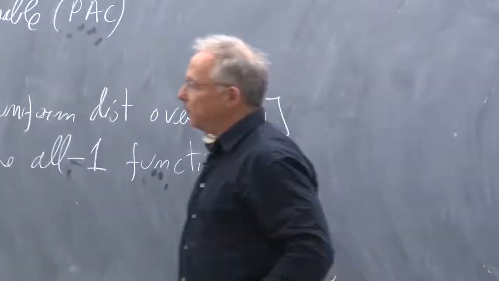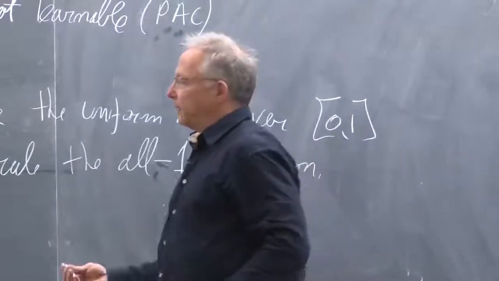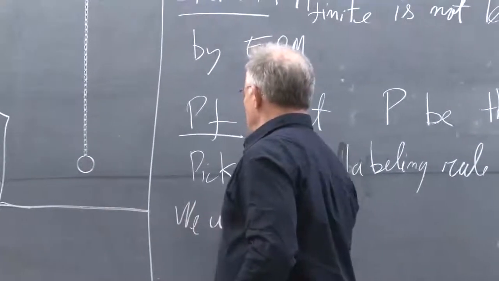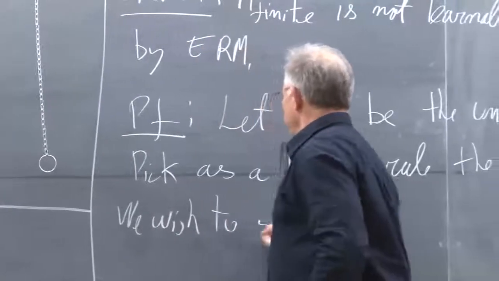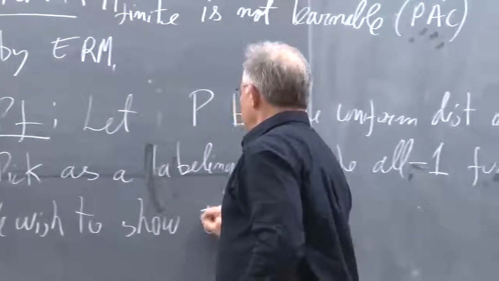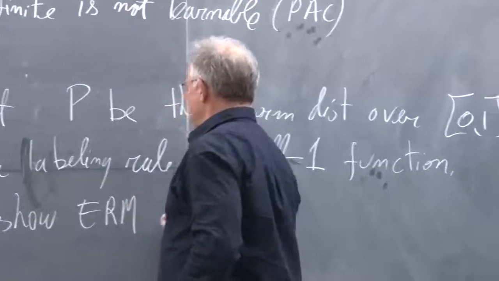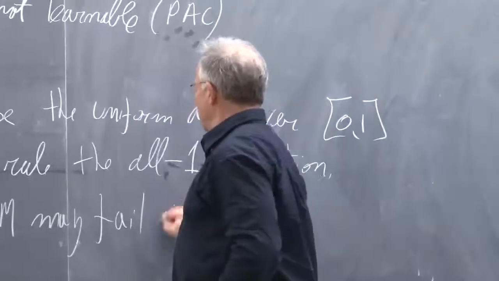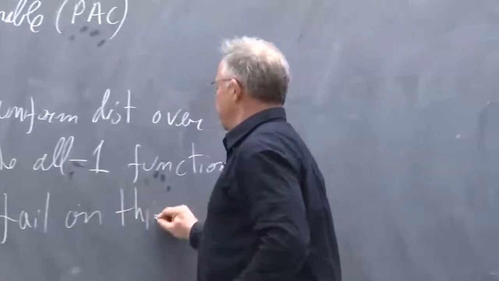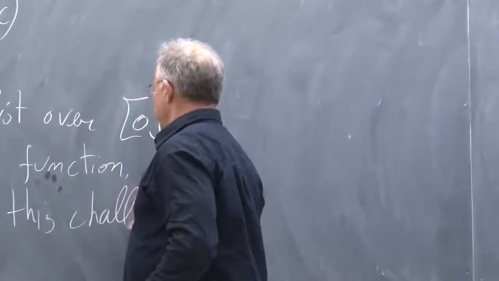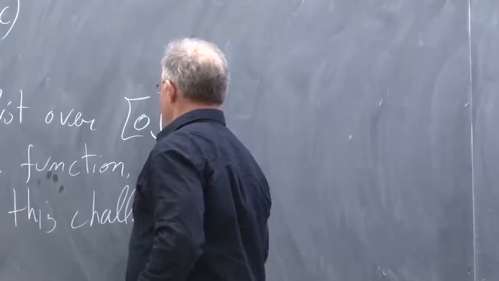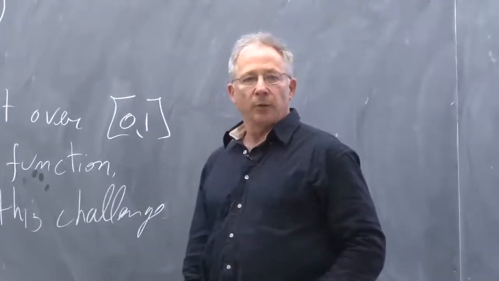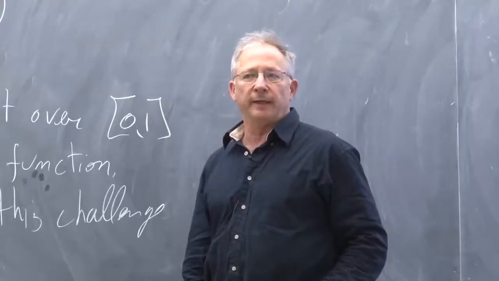Okay? Now, what I claim is that we should show, we wish to show that ERM may fail on this challenge. Okay? So what is the input to ERM? What will it get?